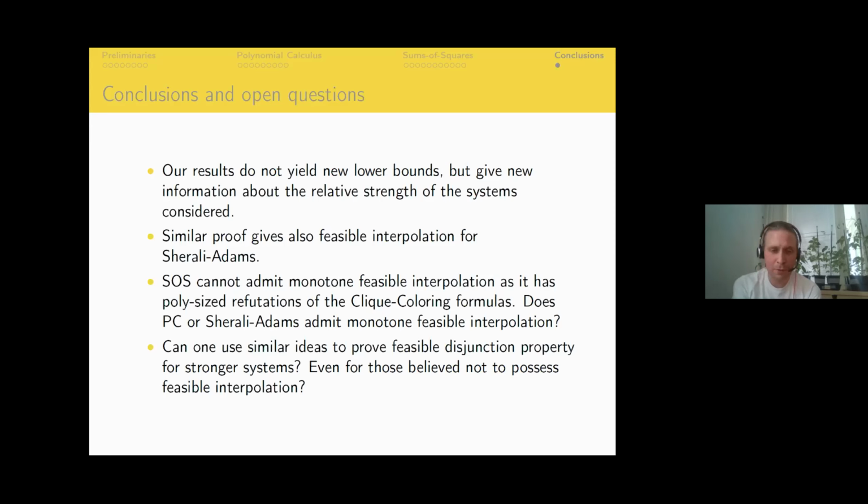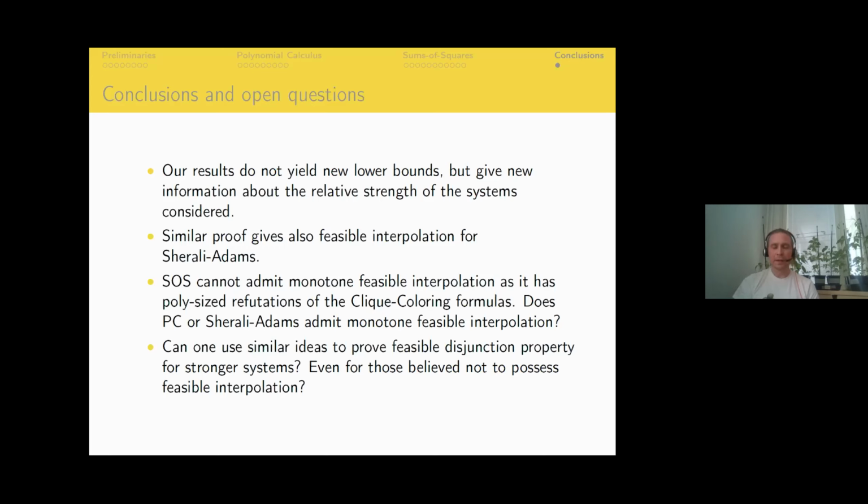Okay. So where I would like to take this feasible disjunction.